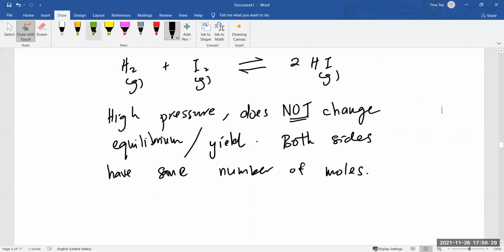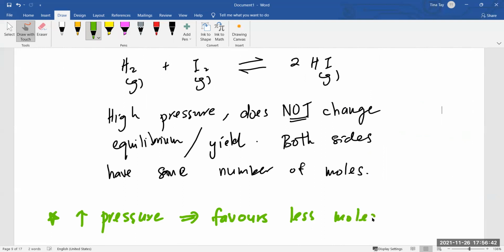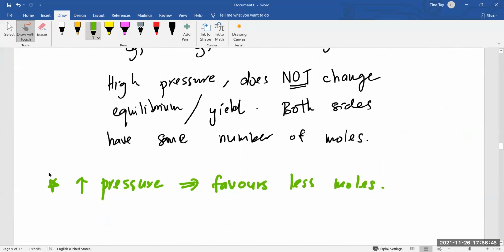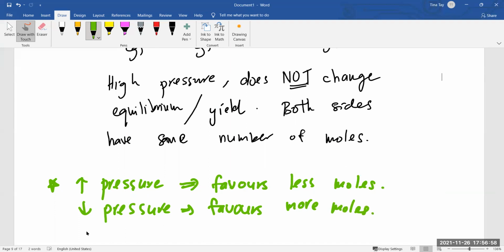So conclusion, high pressure favors less moles. Okay, favors the side with less moles. Low pressure favors the side with more moles. Okay, if both sides has same moles, then there's no change when the pressure changes.